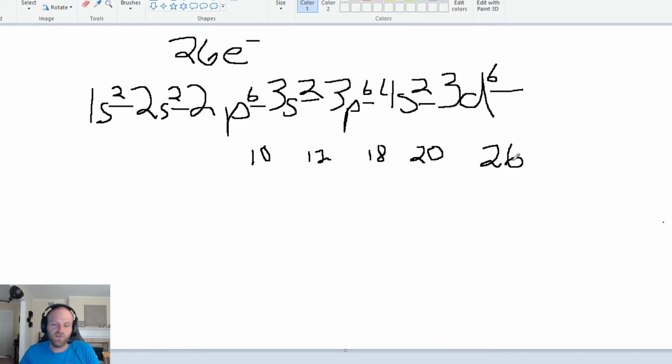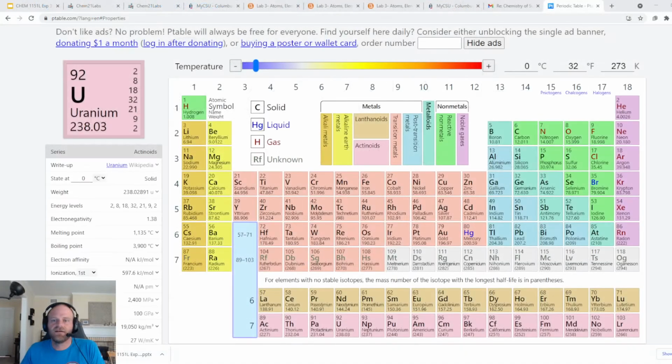If you do a couple that are further down on the periodic table, like say barium or molybdenum, I'd stay above this F region.